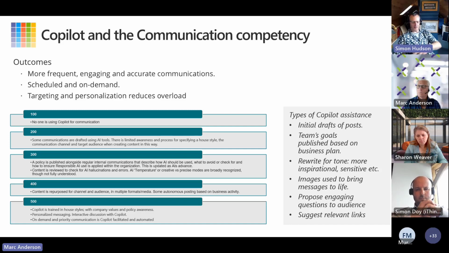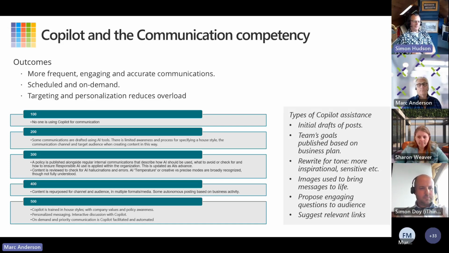So you'll be running Copilot and a bunch of Azure stuff or OpenAI stuff running within Azure, and it will be trained on your in-house content and using your templates and looking at the way you've communicated in the past and making sure that it conforms to that and checks against your company values and philosophies and culture. And that would be very cool. I literally have my company culture business principles up here. So I want to be able to teach my AI that. And that's what I'd like to be able to see at level 500.